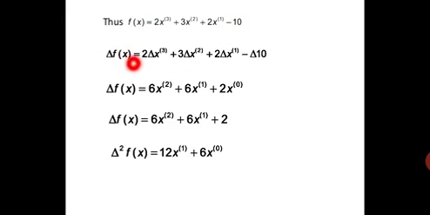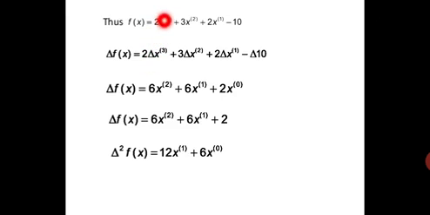Now I have to go for the forward differences, that is, I have to find the differences for this one. Delta of f of x is equal to, as we have been told, the successive difference, which is just like differentiation for the factorial notation.